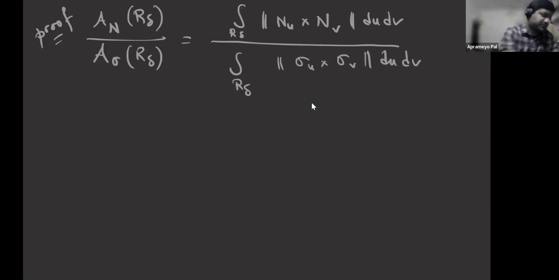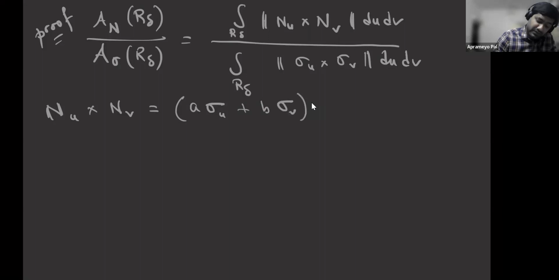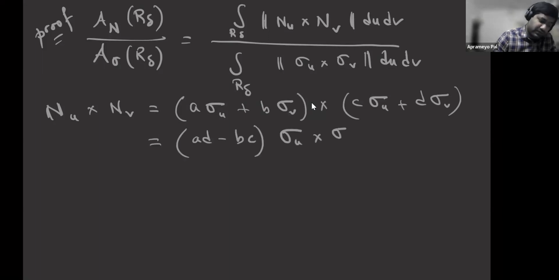The definition. So now you write this, as we have done many times. N_u you write in terms of a linear combination of the basis vectors of the tangent space. So let's do this. a sigma_u plus b sigma_v, cross c sigma_u plus d sigma_v. And now what is this? This is (ad minus bc) times sigma_u cross sigma_v.